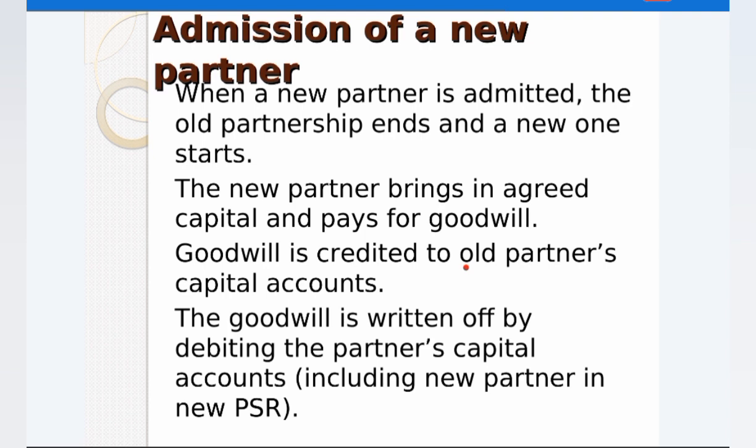But if that goodwill is to be written off the books of accounts, then it will be written off to all the partners. So if the goodwill that the joining partner has brought is to be written off, then they will all get a share, including the new partner. And the profit sharing ratio they will use is the new profit sharing ratio.